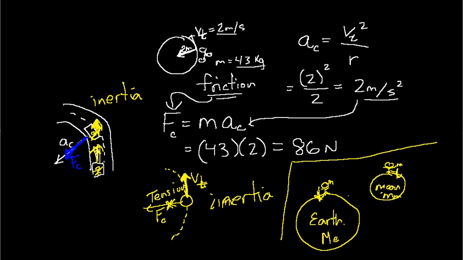So why does the astronaut weigh less on the moon? It's because the gravitational field strength is less on the moon's surface than on the Earth's surface. We have a gravitational field around Earth, always directed towards Earth, and a gravitational field around the moon that's directed towards the center of the moon.